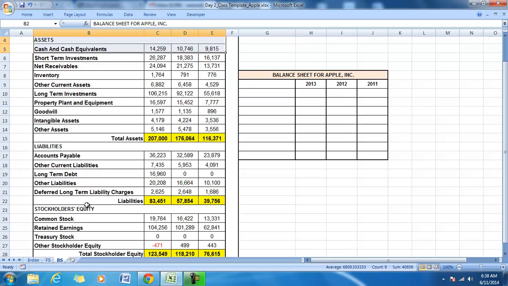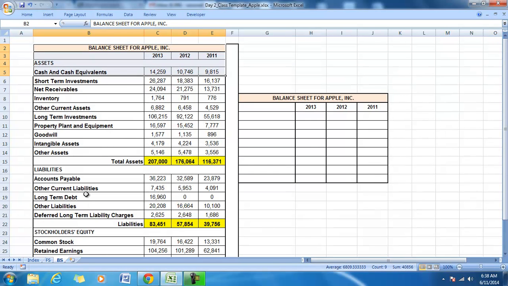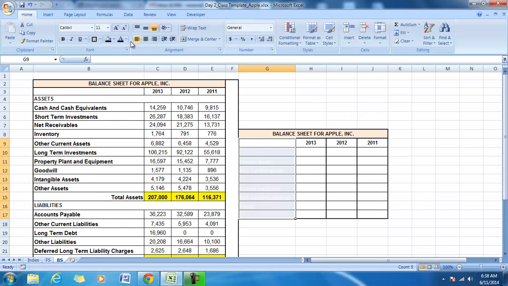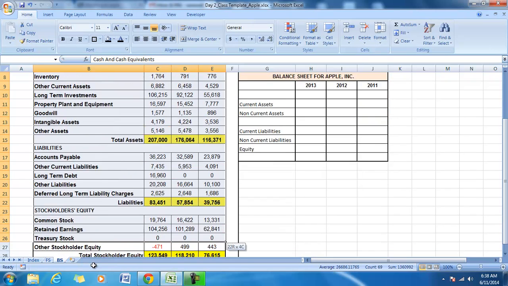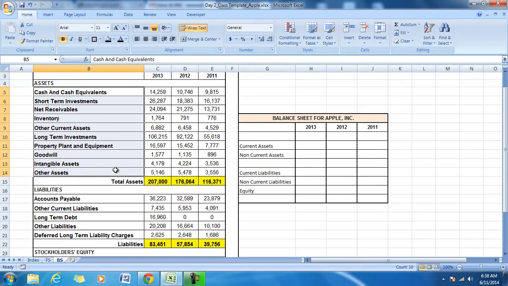So as to set the ball rolling on the financial statement analysis, maybe it's useful to convert this balance sheet into a condensed balance sheet, and this condensed balance sheet can have a limited number of items, let's say current assets, non-current assets, current liabilities, non-current liabilities and equity. And all these five items will capture all the items which are there on the balance sheet.